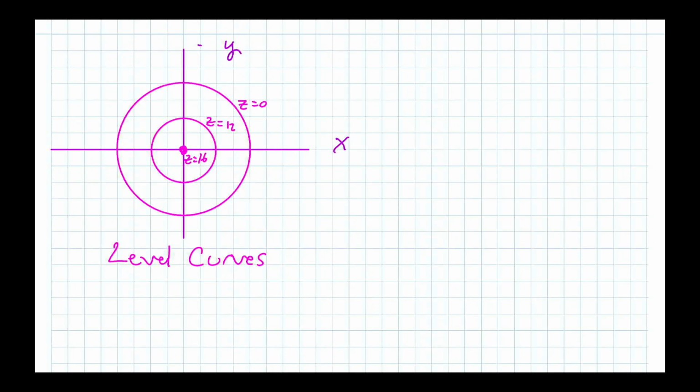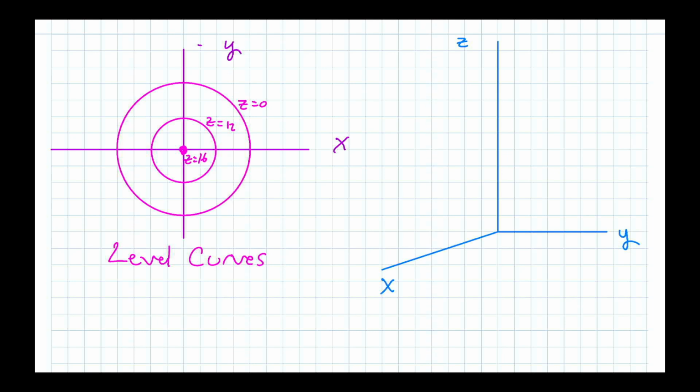Now, how does that tell you anything about the 3D plot? Well, it tells you a lot about the 3D plot. You have your x, you have your y, you have your z, and it's telling you what's going on.